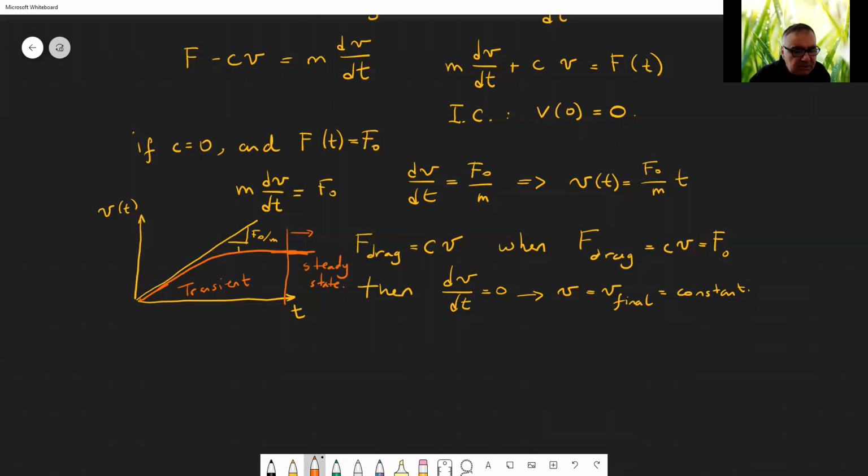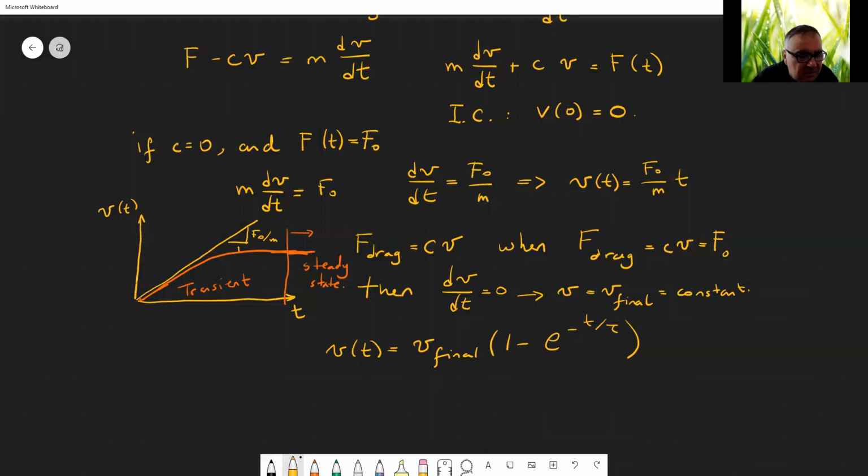And as we will be seeing later on, V of t is going to be something like this: V final times (1 minus e to the minus t over tau) kind of function. It will be a first order function, but we are getting ahead of ourselves.